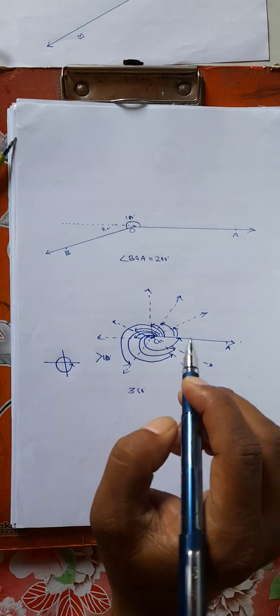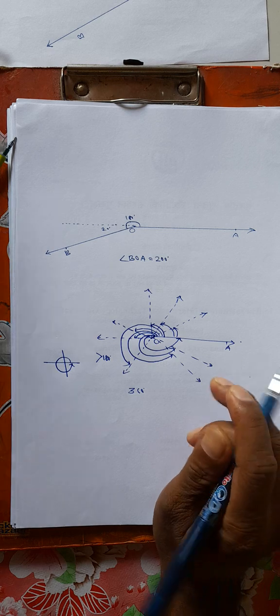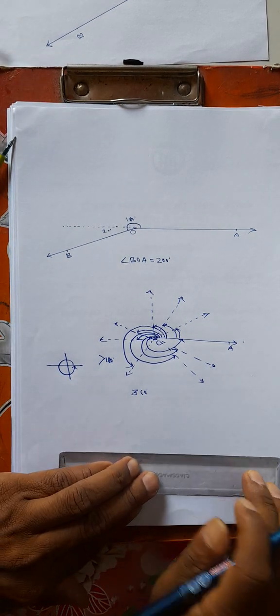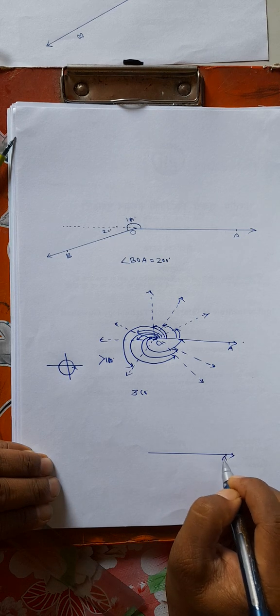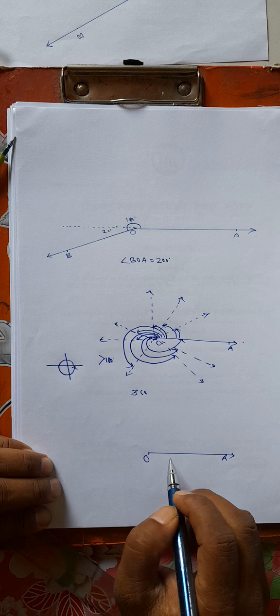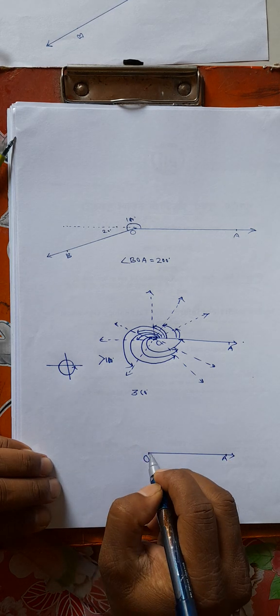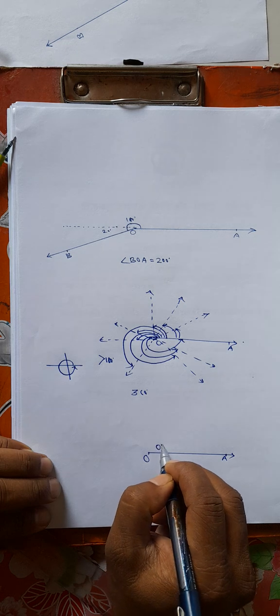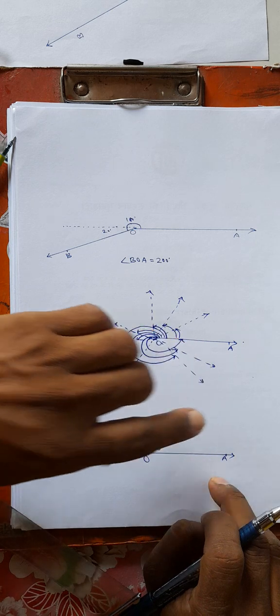So an angle can be 0 degrees also. Suppose this is the initial position of the ray OA, and you don't rotate this ray. That means this will be a 0 degree angle, because this ray is not rotated anywhere.